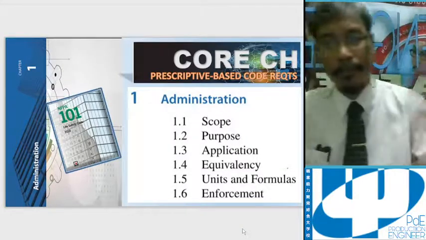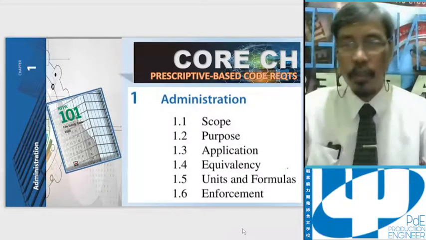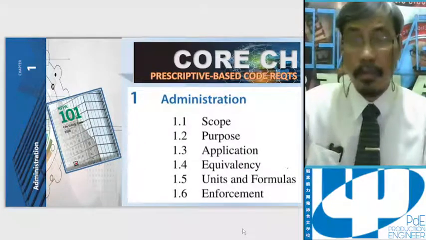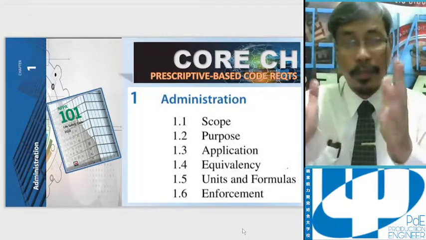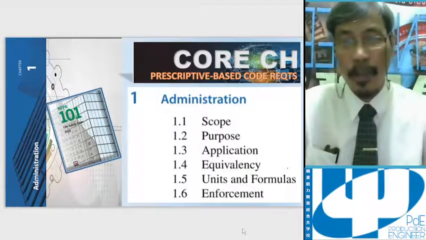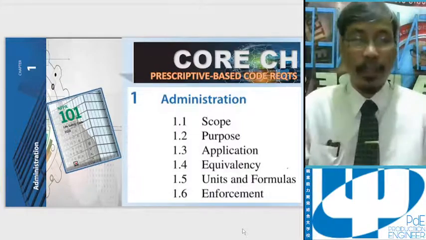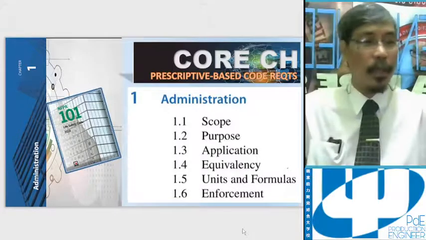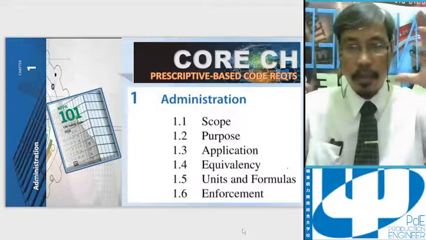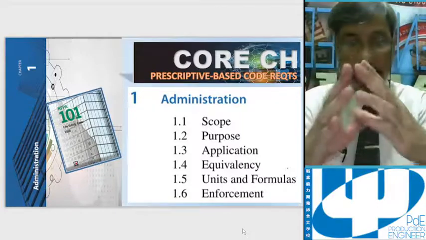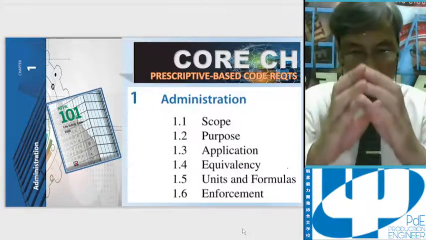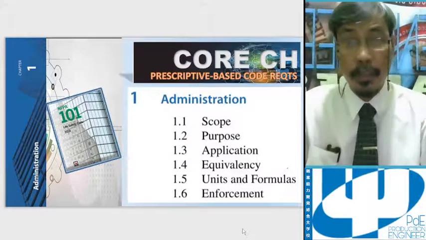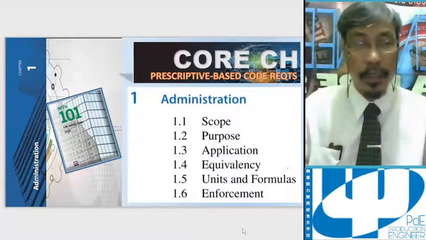Actually, most of these chapters are prescriptive based code requirements, but for the purpose of explaining the totality of the code, step by step we are gaining ground in order to focus our attention little by little and focus it into a single requirement. So we started with the whole general description of the whole code.